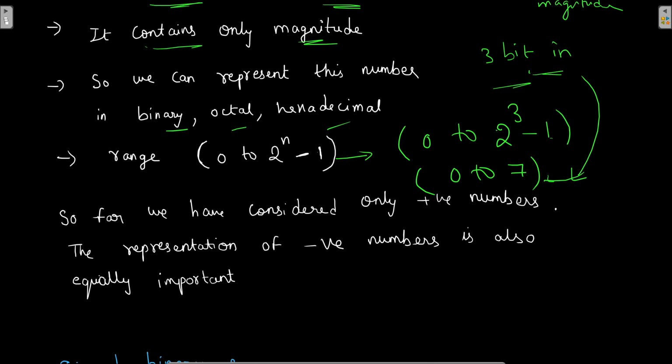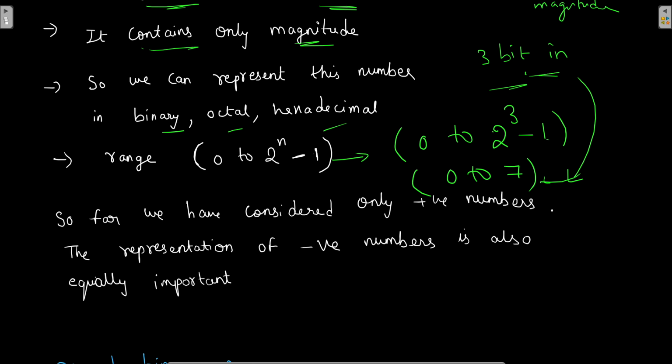When all values are positive, it's fine, but representing negative numbers is also important. In unsigned representation, negative numbers cannot be represented, only positive ones. To represent negative numbers we go for signed binary.